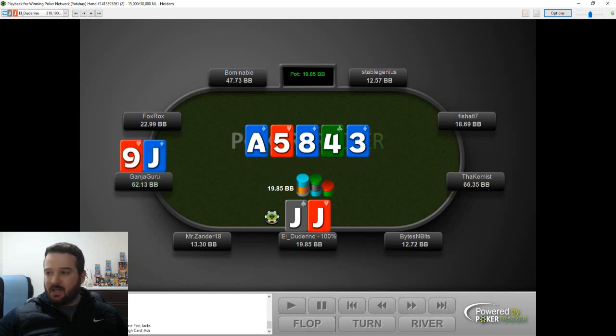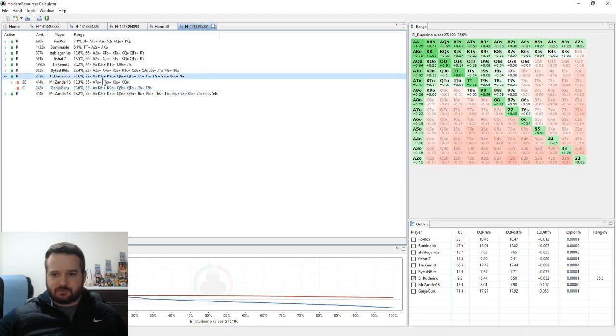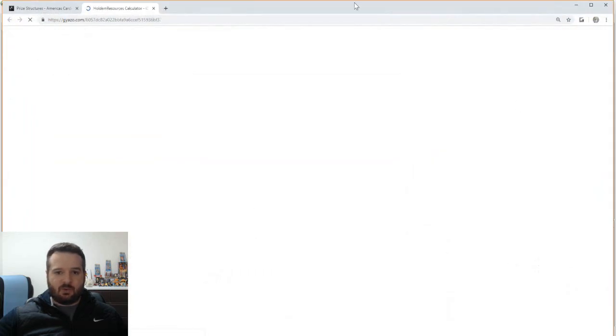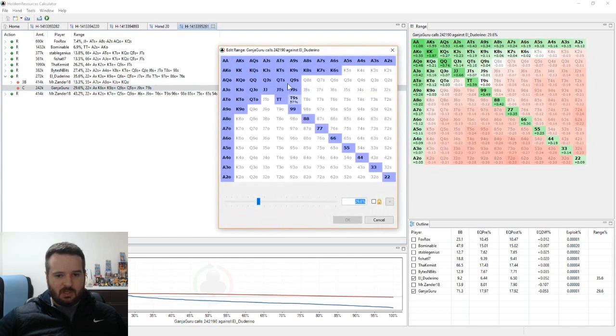Jack 9. So Jack 9, and here's another thing that we can do to study. First thing we see is Jack 9 is clearly negative EV. And if we see something that's negative EV like that, the first thing we want to do, here's our range. Let's take a quick screenshot just to compare here in a second. So here's what our shoving range should look like, but let's say we get to him.